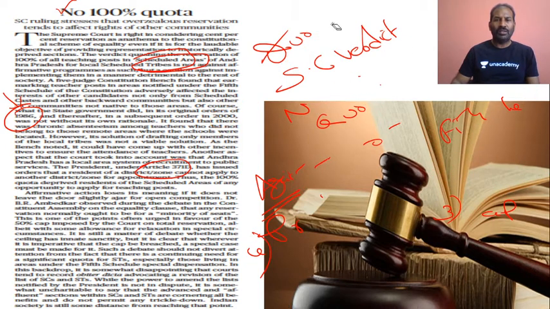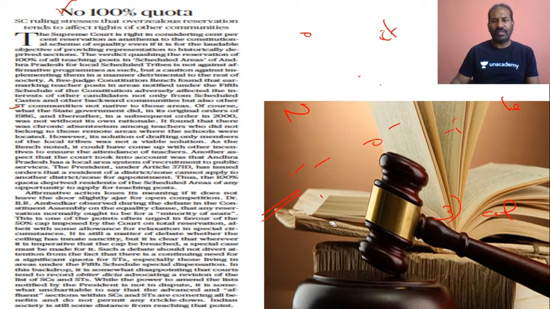So the editorial talks about no 100% quota as of now, as on today, depending upon the situation or the interpretation of the Supreme Court, looking into the Indra Sawhney judgment or the Mandal Commission judgment. Fine.